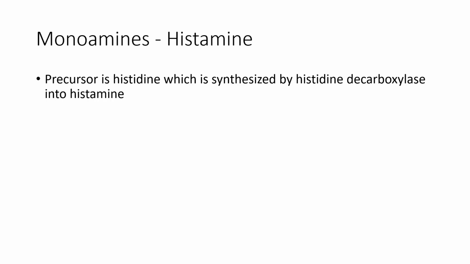So the precursor to the neurotransmitter histamine is called histidine. Histidine is synthesized by histidine decarboxylase. Histidine decarboxylase synthesizes histidine into the neurotransmitter histamine. Now, your central nervous system contains 4 different receptors for histamine.